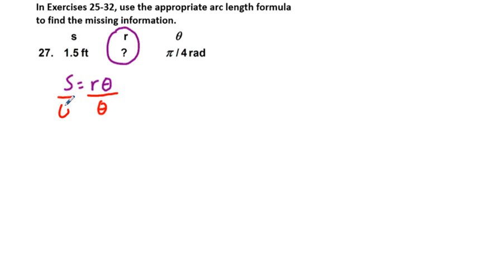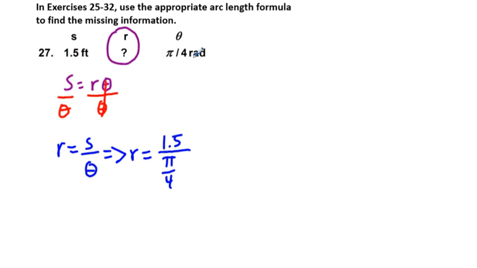And when we do that, we cancel theta over theta on the right side. So we're left with R equals S over theta. And what that means for us is R equals S, which is 1.5, and theta is pi over 4, and our units are radians.